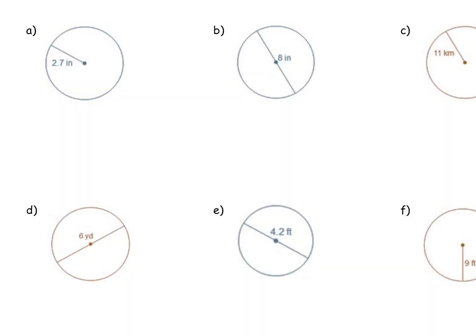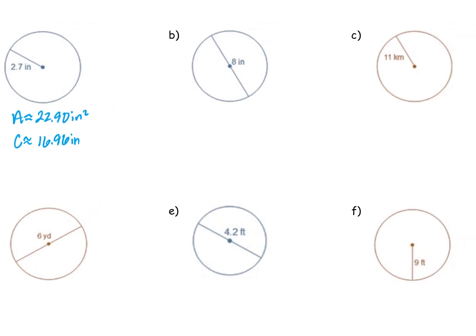I'm going to go ahead and start giving you guys the answers. I know that most people are done. So the area for A is 22.90 inches squared. And the circumference for A is 16.96 inches.